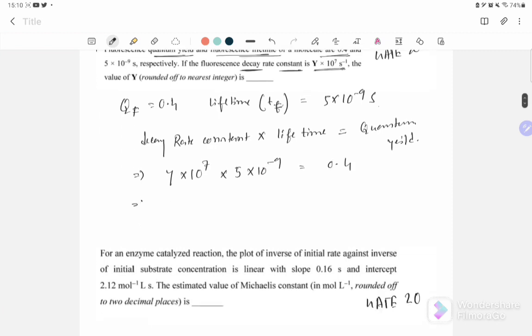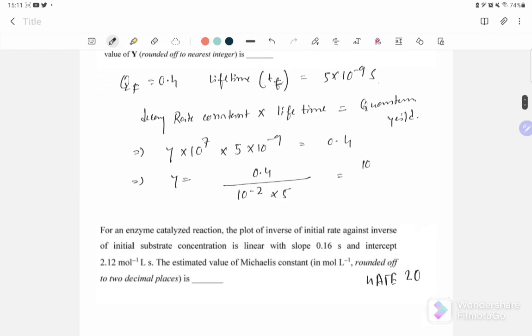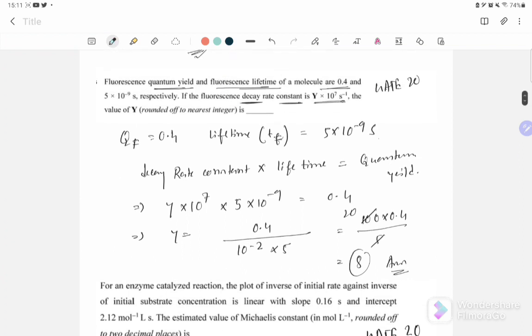It's simple, because then y will be 10 to the power minus 2 into 5, that is 100 into 0.4 by 5, that is 20, so this will be 8. This is our answer. You just have to know this equation: decay rate constant into lifetime is equal to quantum yield.